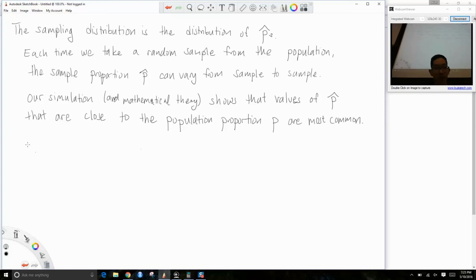Values that are far away from p are possible, but less common.